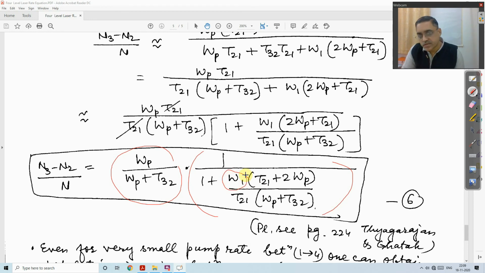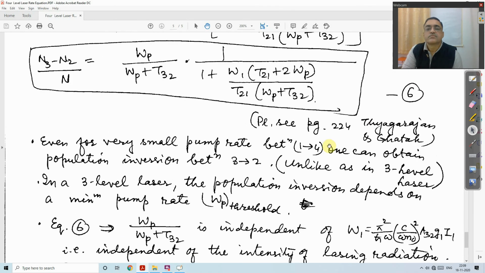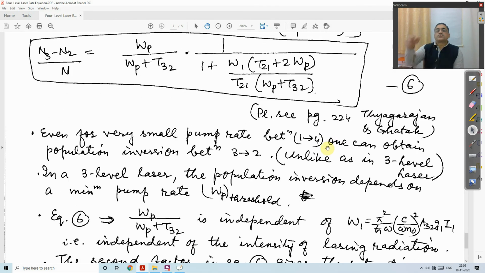Now W1 is the lasing agent. We may see page 224 of the book by Thyagarajan and Ghatak. So what this equation shows is that even for a very small pump rate between levels 1 to 4, one can obtain a population inversion between 3 and 2.